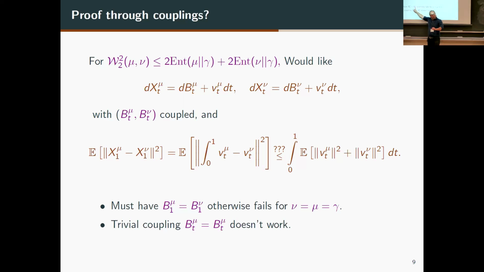Must is kind of a strong word, but if we want it to be true for the case where both measures are the standard Gaussian, then this is definitely a necessary condition, also sufficient, right? But the main point is that if you repeat the calculations and you take the same case as the Talagrand proof and you take the two Brownian motions to be the same, then the calculations don't go through, right? In the sense that you don't get the correct inequality.